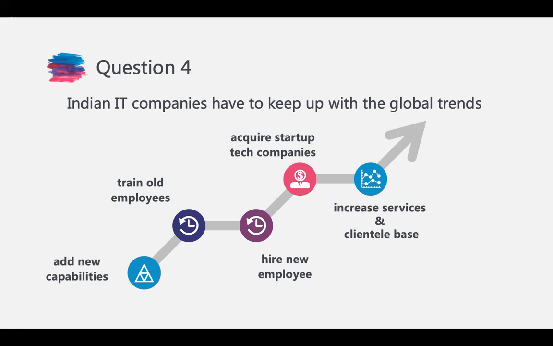So many changes are happening, and one of the major ones is the cloud-based service being created and offered by big names: Amazon, Microsoft, Google, and Facebook. These big technology companies threaten to take over the market share of the Indian IT companies.